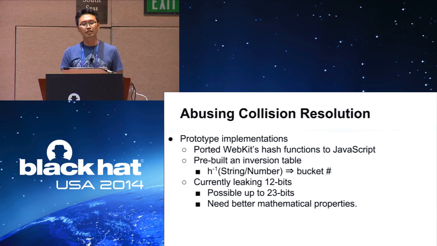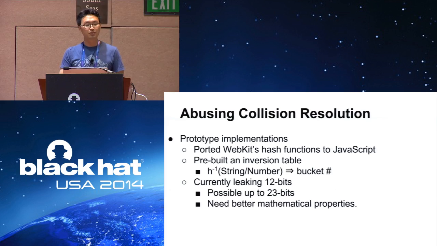We implemented this as a prototype. Because WebKit has different hashing function implementations, like string hash, we ported the C++ implementation to JavaScript, because our tag is written in JavaScript.